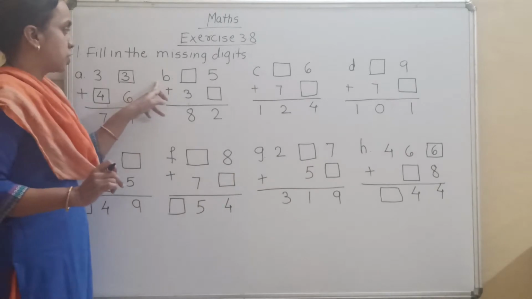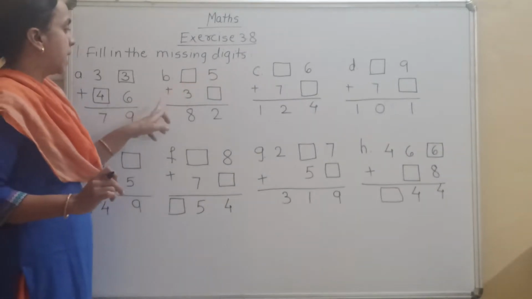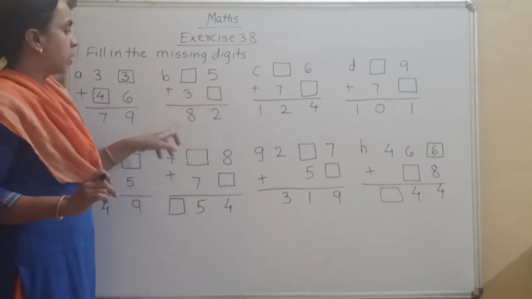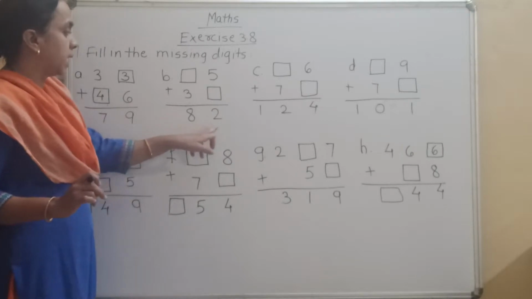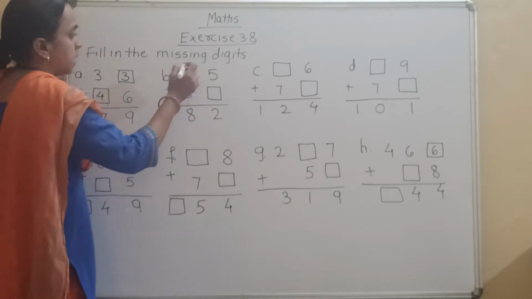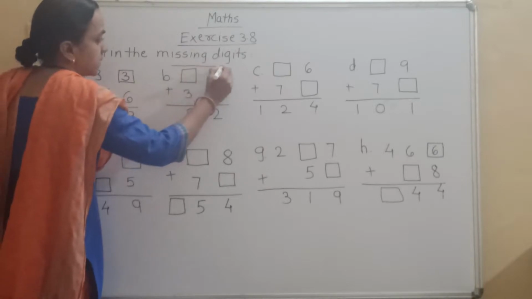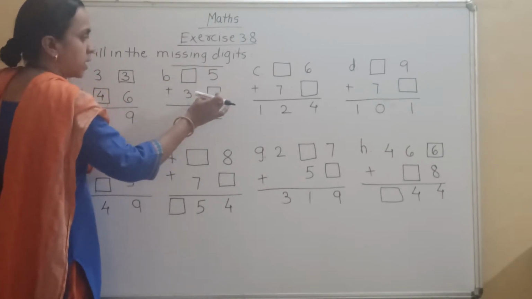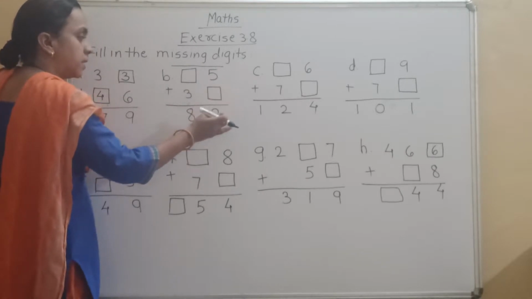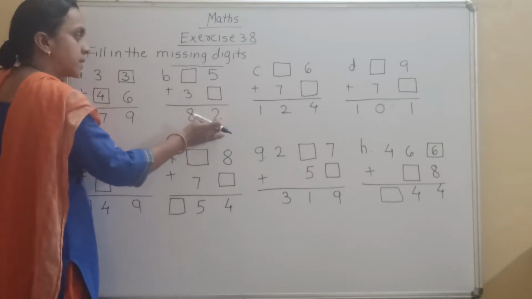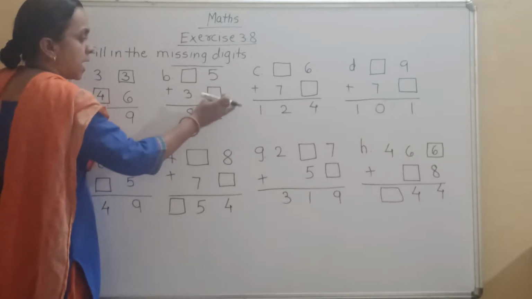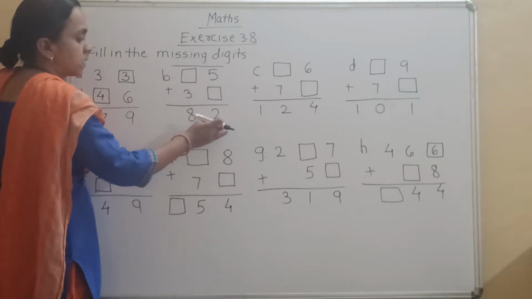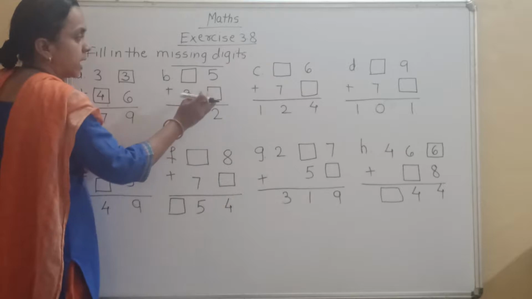Now see B question. Empty box 5 plus 3 empty box equal to 82. Now see here, this is a carry sum. Which number if we add here, we will get answer 2? So answer 2 means, what is this 2? This means 12.